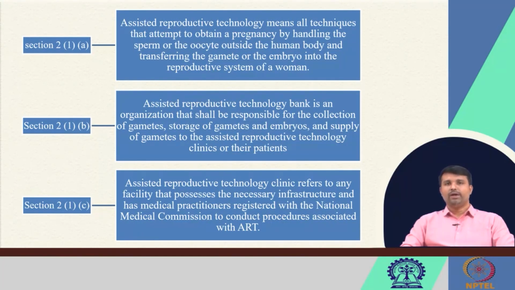Section 2(1)(b) defines Assisted Reproductive Technology Bank, which is an organization responsible for the collection of gametes, storage of gametes and embryos, and supply of gametes to assisted reproductive technology clinics and their patients. Section 2(1)(c) defines an assisted reproductive technology clinic, which means any facility that possesses the necessary infrastructure and has medical practitioners registered with the National Medical Commission to conduct procedures associated with ART.